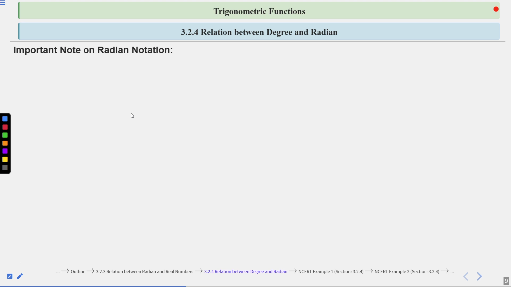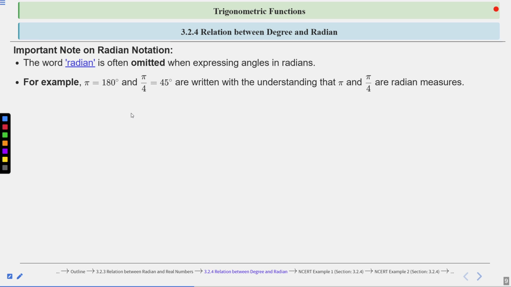Now, important note on radian notation. The word radian is often omitted when expressing angles in radians. Meaning that for this pi, we are not writing pi radians, we just write pi. So this is inbuilt. We are not going to write anymore that this is radian.